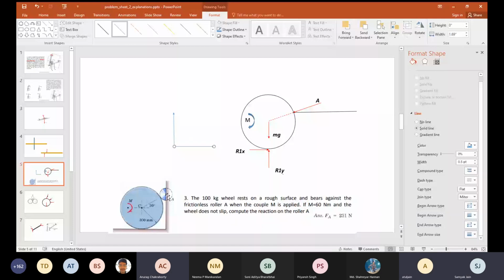But the contact between the big circle and the small circle is neither horizontal nor vertical. It has to be perpendicular to the contact. If the roller was at the bottom, you are right, there would be a normal reaction. But you have to look at the contact surface between the big circle and the small circle, draw a tangent there, and normal to that is A. Okay, sir. Understood, sir.